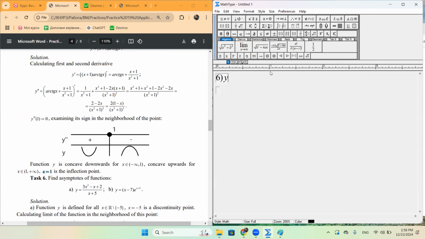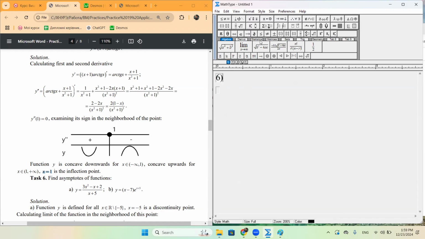So, asymptotes. What is an asymptote? An asymptote is the straight line to which the graph of the function approaches. Just remember the asymptotes of a hyperbola: the hyperbola always approaches the asymptotes but never intersects or touches them.